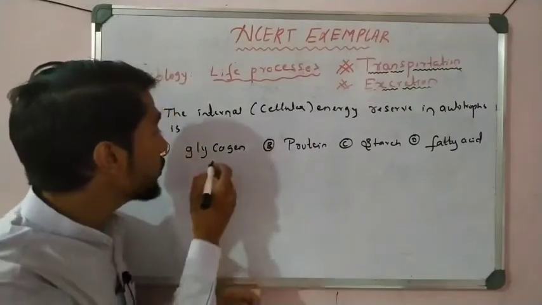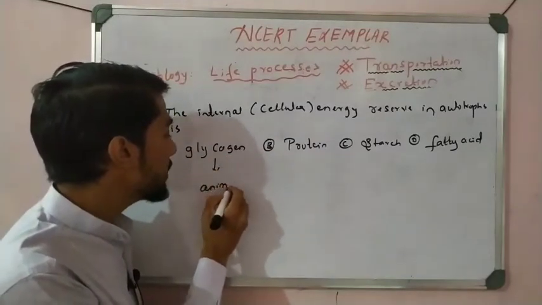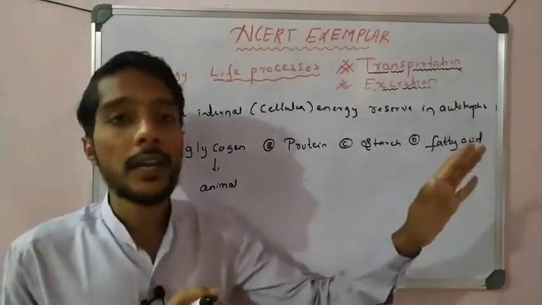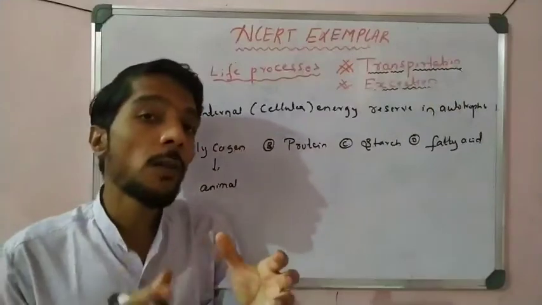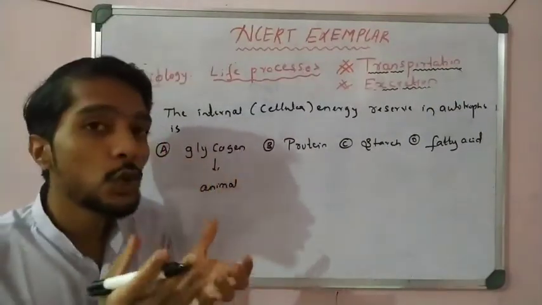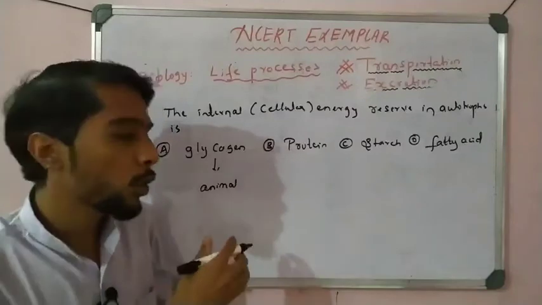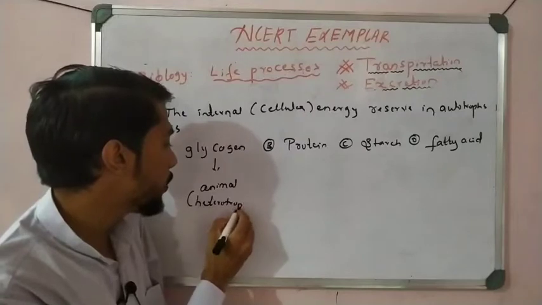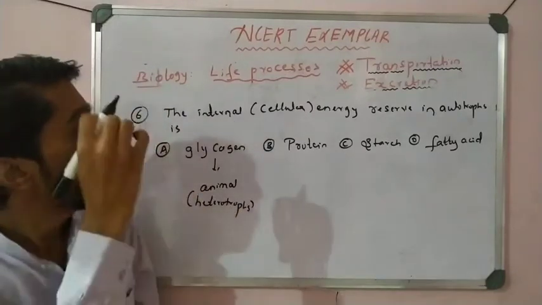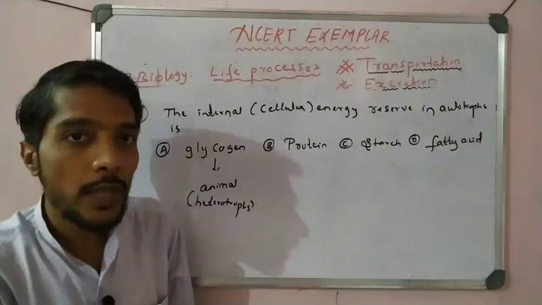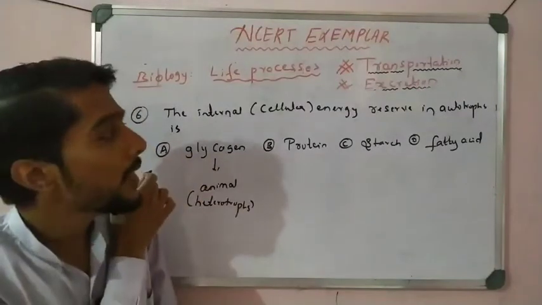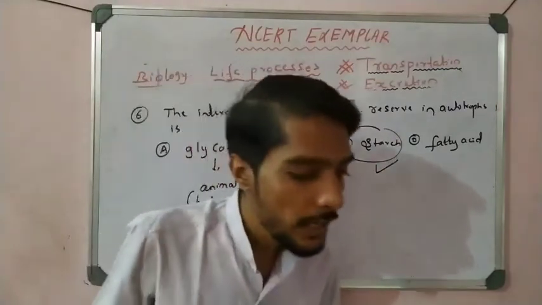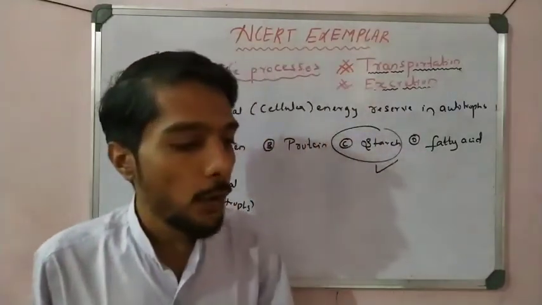Glycogen is in animals, not in autotrophs, which are in the plant category. Glycogen is the stored energy reserve in heterotrophs. If they ask about heterotrophs, you can give the answer glycogen. But they are asking about autotrophs, so the correct answer is starch. You have to remember this. So write one point here.